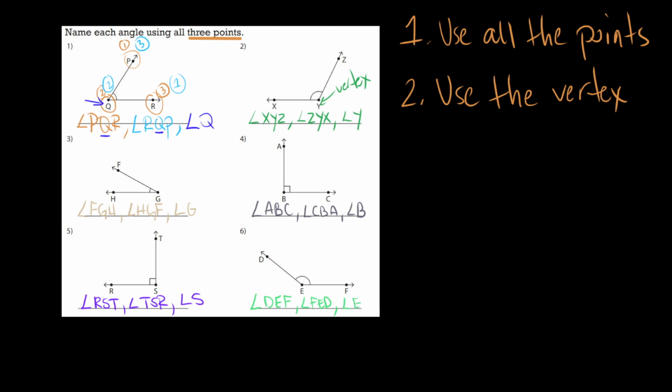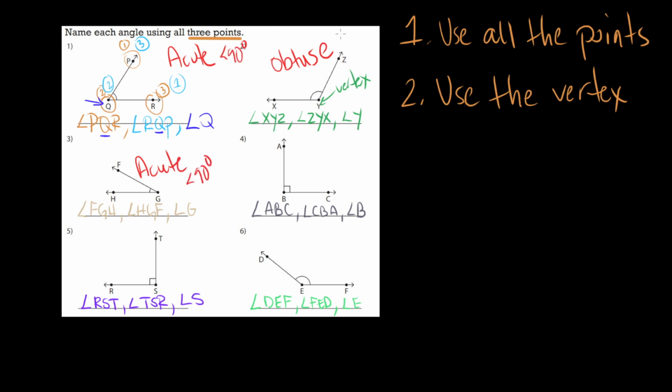And just to finish it out, why don't we actually name what type of angle these are? So let me get our red. So this was an acute angle because it's less than 90. This is obtuse because it's greater than 90. This is acute because it's less than 90 degrees.